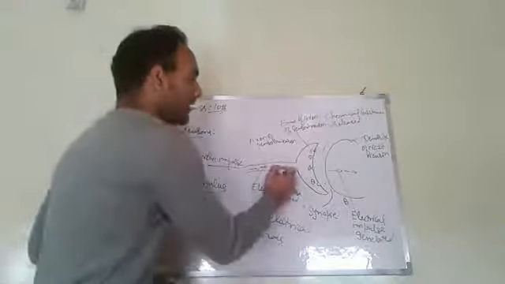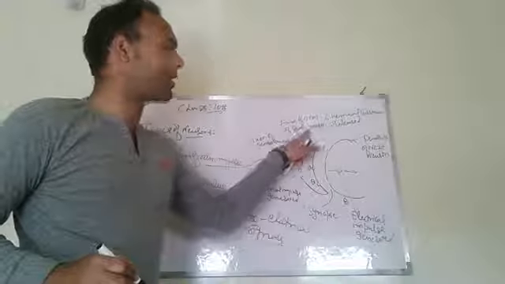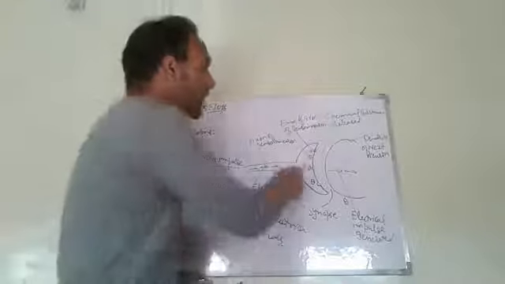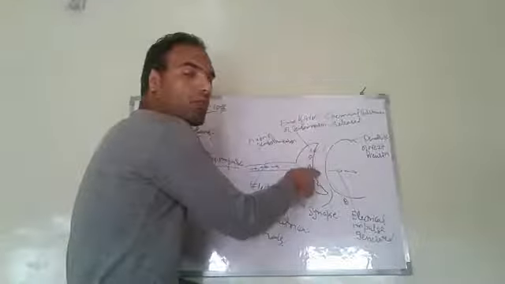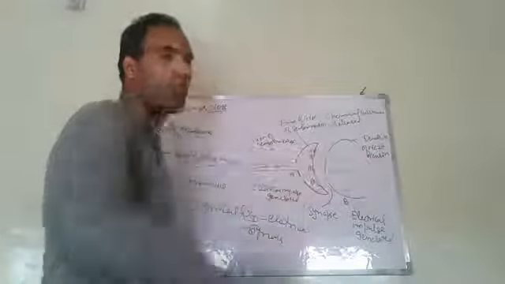When this electric signal reaches near the end of the axon of the sensory neuron, now how is it transmitted across this small microscopic gap so that it may be picked up by the dendrite of the next neuron?